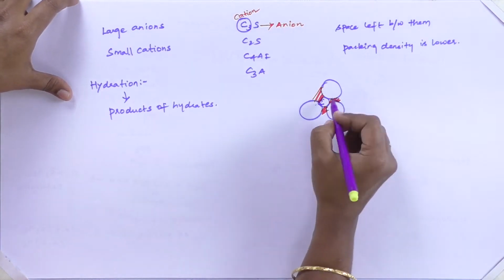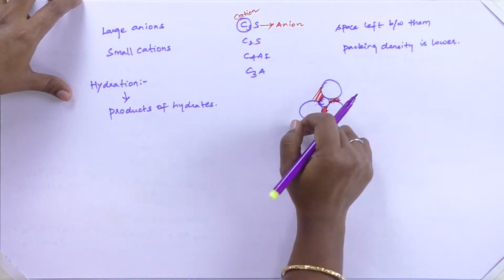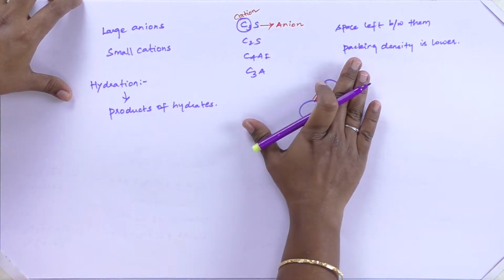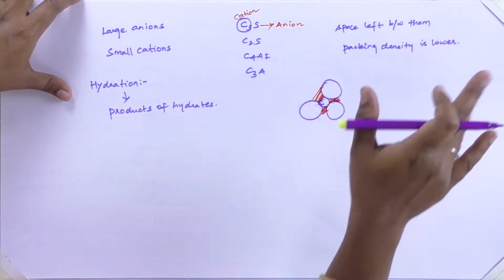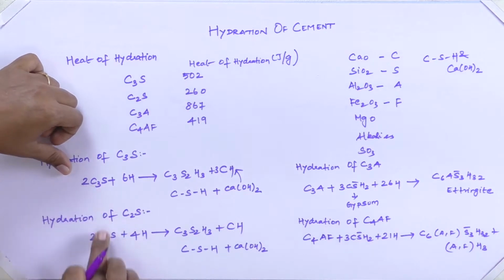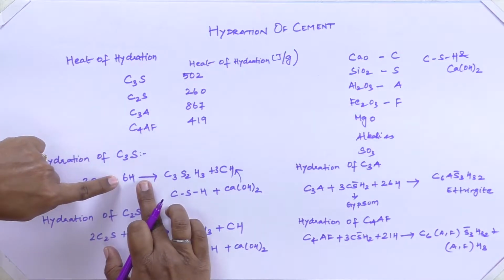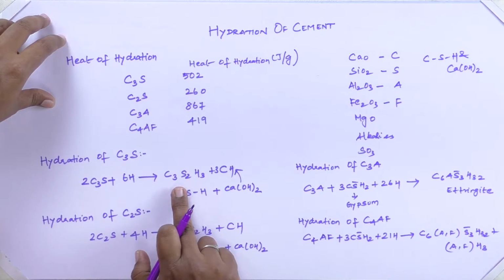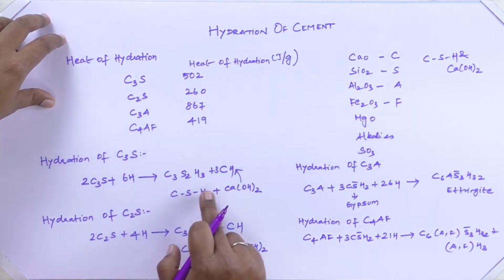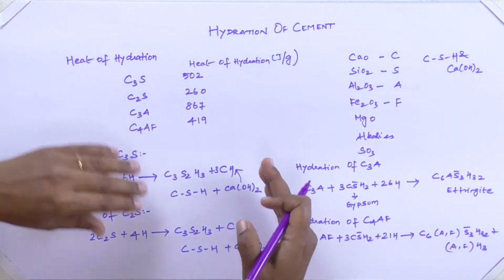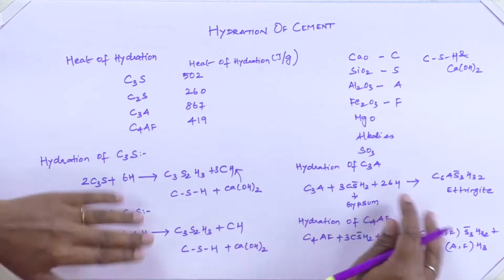It is nothing but the products of hydrates being formed when it reacts with water. That is called water of crystallization or products of hydrates. So this is a cation and anion, and the space between them is filled up with water to achieve the packing density, and that's how all these compounds react with water to form products of hydrates, CSH and Ca(OH)2.